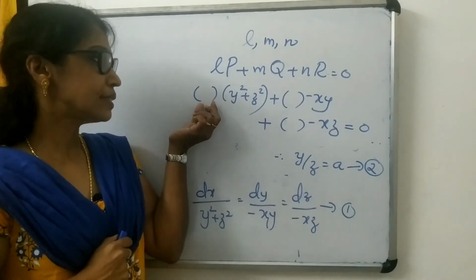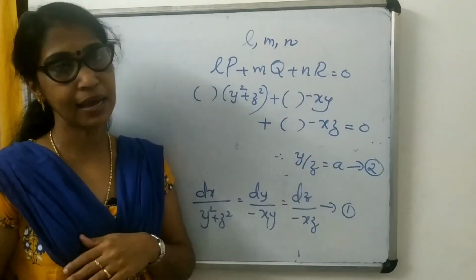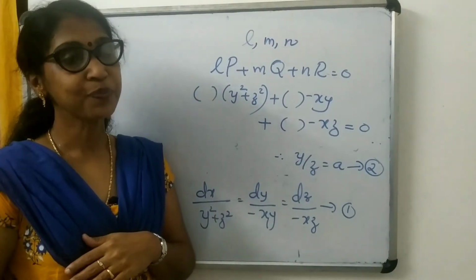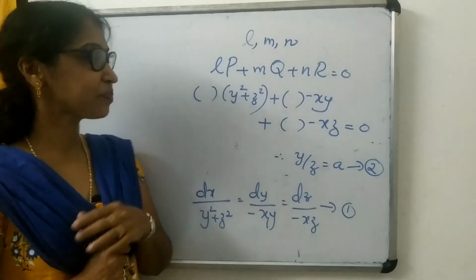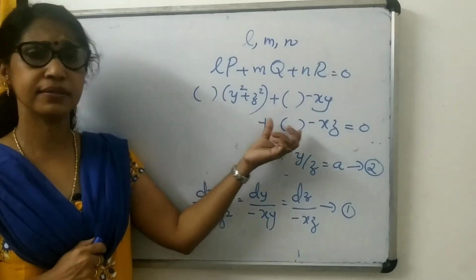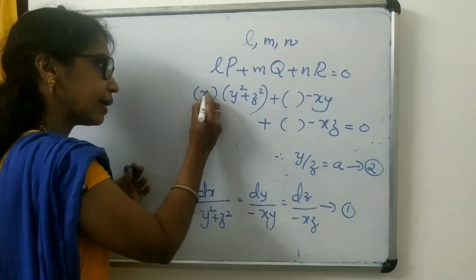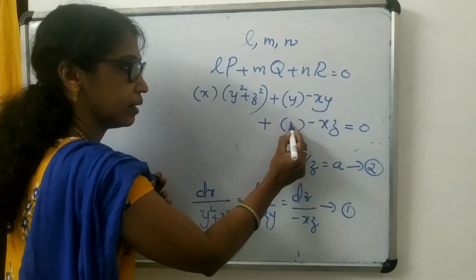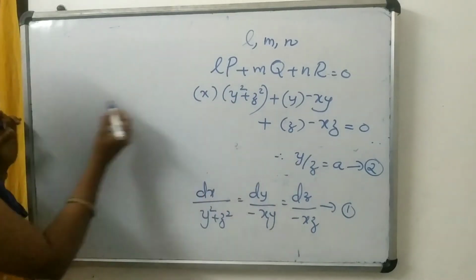So we have to select L, M and N. There is no standard formula for finding L, M and N. We have to apply our common sense. How can we make this LHS 0? Look at this. I am putting here x, here y and here z. Now open the bracket. What will we get?